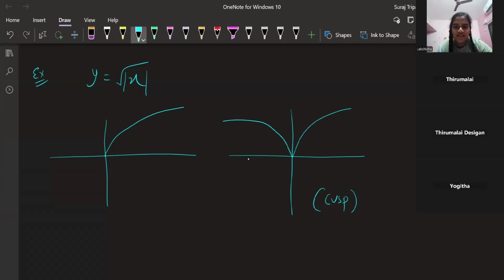It is not important, it is not related to your exam. Just I am telling you about this figure. The name of this shape is cusp. It is something like a bird flying. So this is the graph of y equals to root x, and this is the graph of y equals to root of mod x, right?